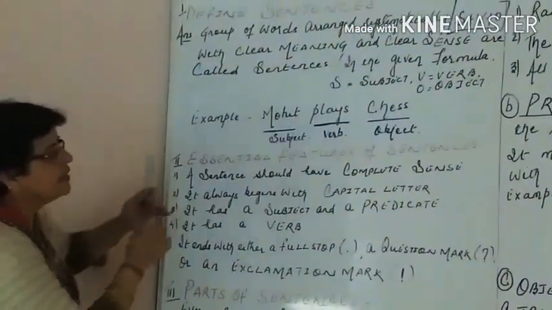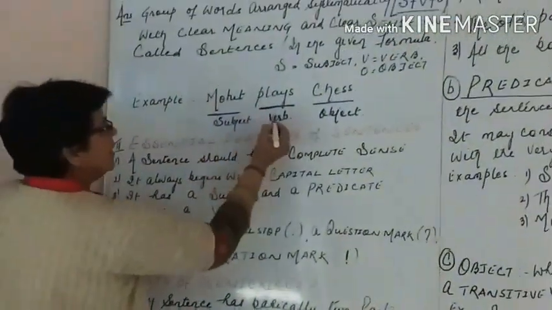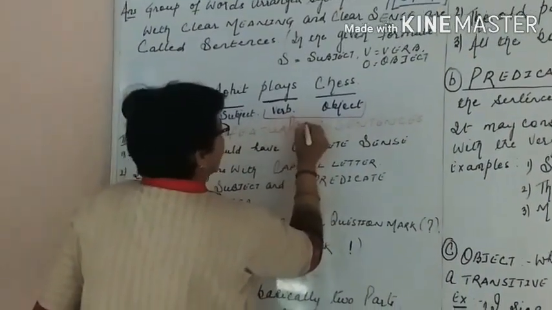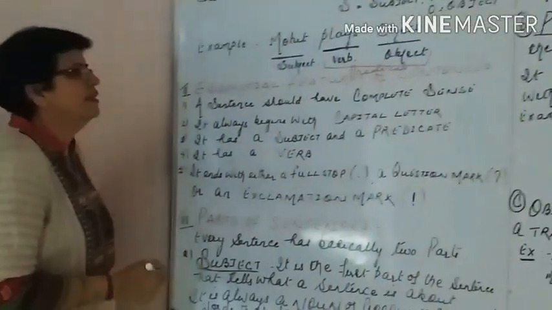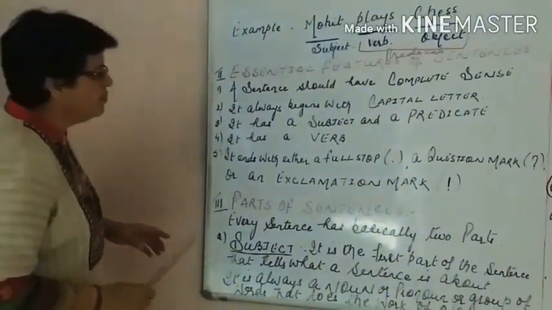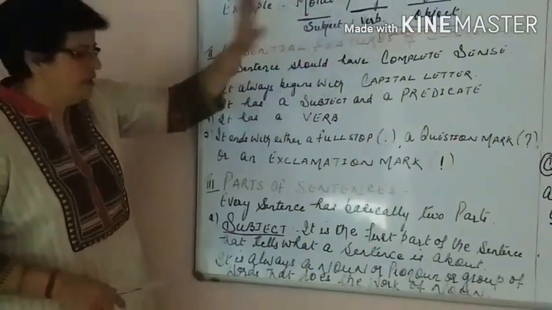So if I have to convert this sentence, this is again a subject and this will constitute the predicate. So remember, a sentence is composed of only two parts, subject and predicate. It has a verb which is clearly seen here.